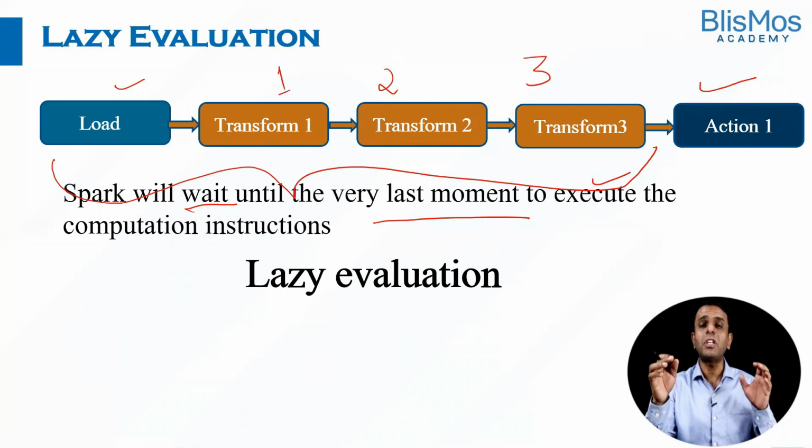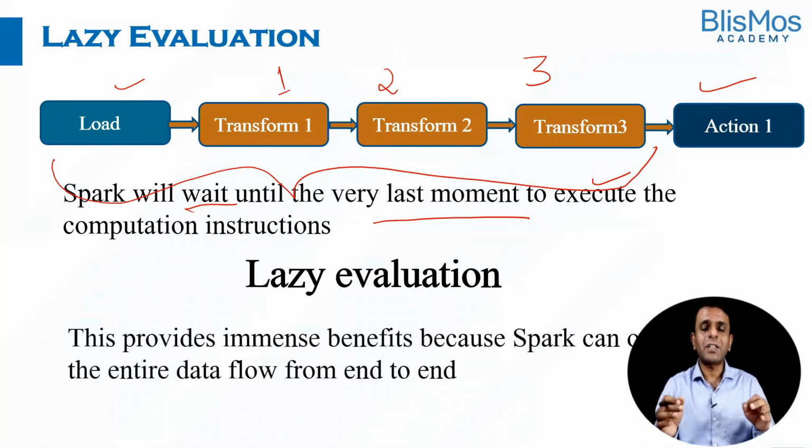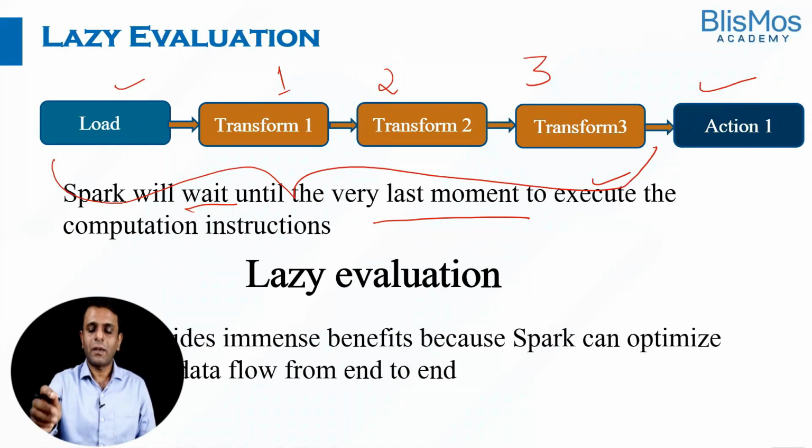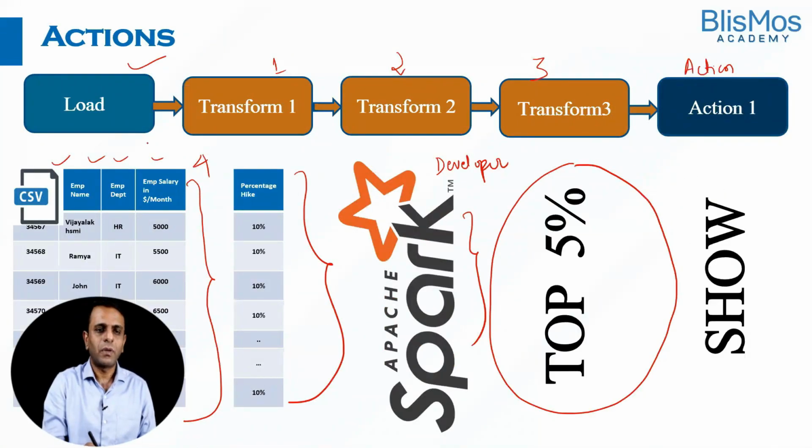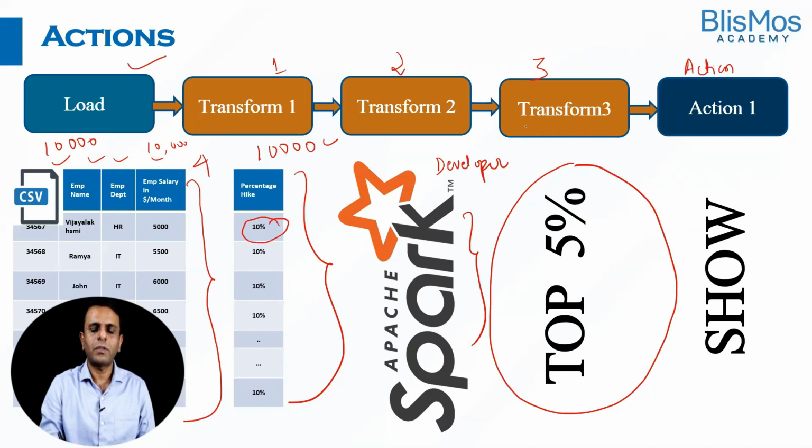This has an immense benefit, because let us take the previous example. Let us say we have some 10,000 records here. In the first transformation, we will be applying the transformation to all the 10,000 records, right? Because we need to apply 10% hike to all the employees. Assuming that out of that we have some 1,000 developers, and 5% of 1,000 is around 50, right?